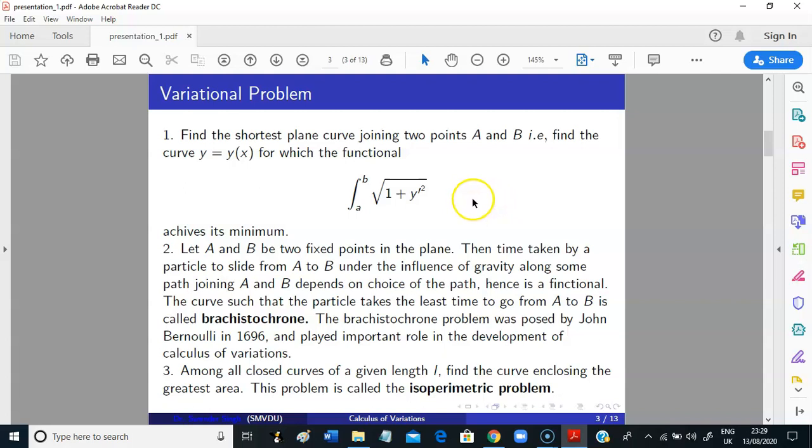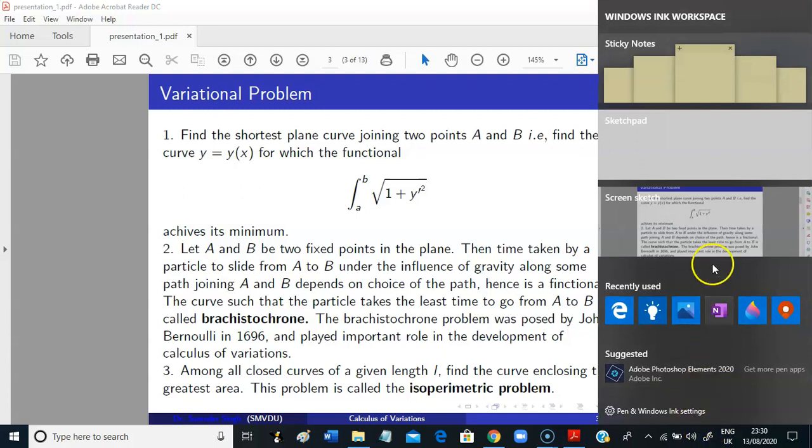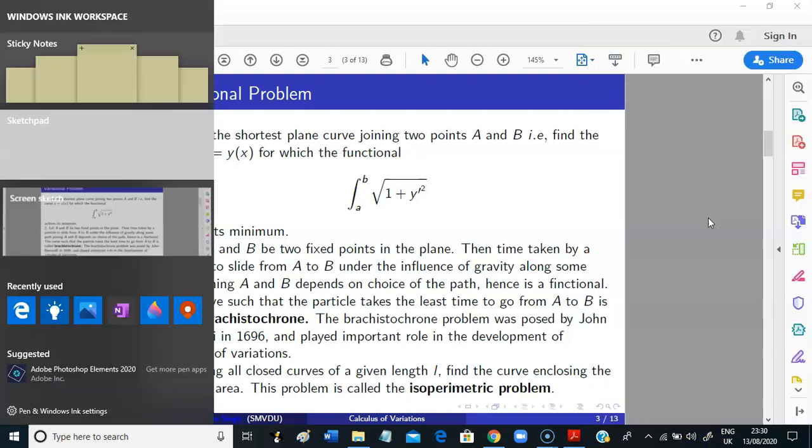Suppose you are having 2 points A and B here. Then you can join these 2 points through various curves.